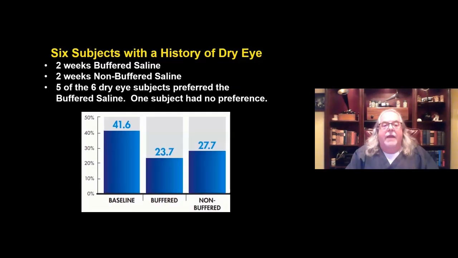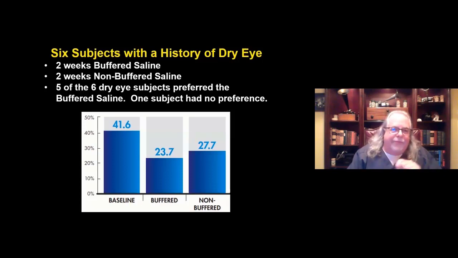Now, when they use the buffered saline for 2 weeks, obviously the sheer presence of the scleral lens improved rather dramatically their dry eye symptoms. And you can see here the buffered saline solution did perform a little bit better.